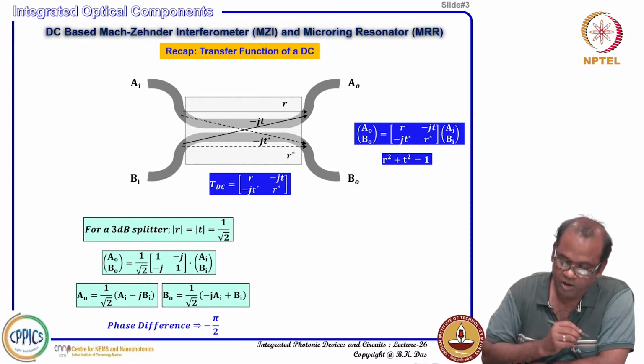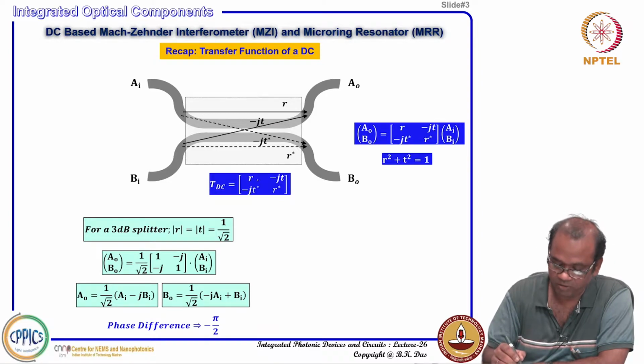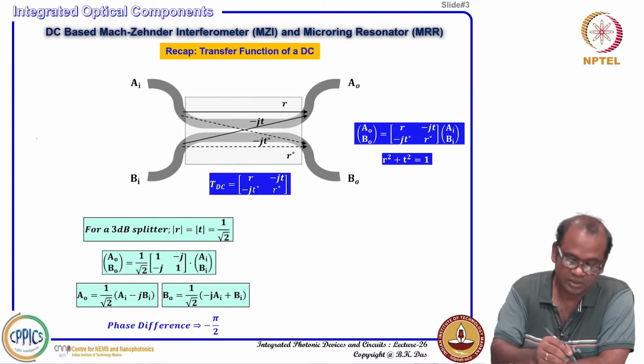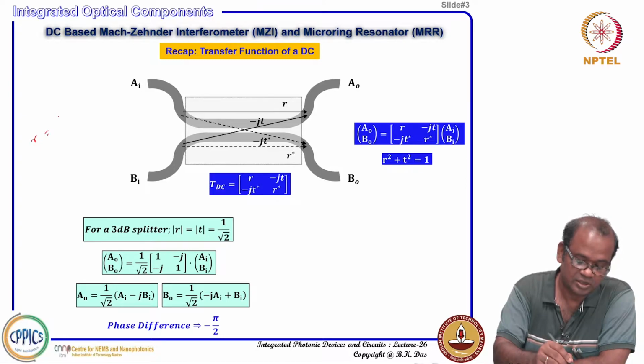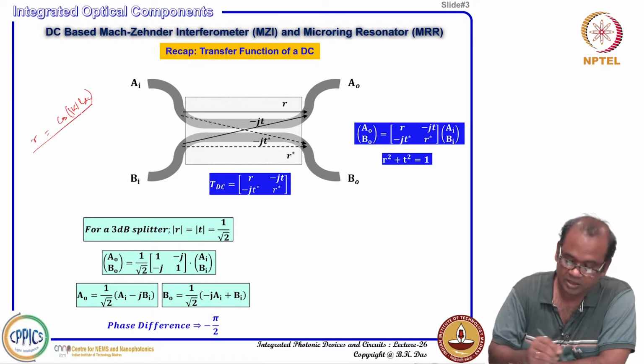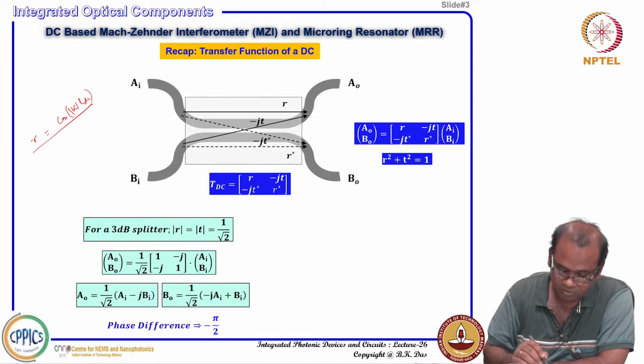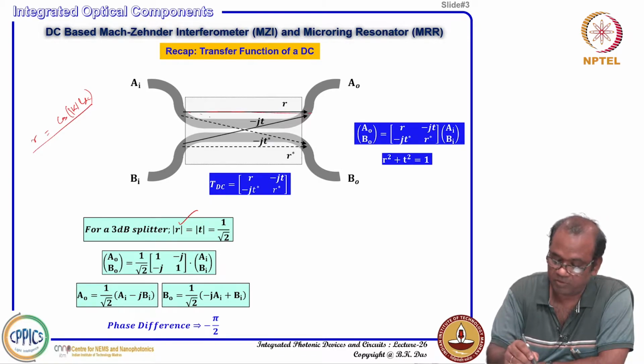Now we know that if we want to use this directional coupler for a known R, T, R is simply cos of kappa L_DC. That is actually R, and T we have defined as sine of kappa L. So to have a 3 dB splitting, the absolute values of R and T, whatever is going directly and whatever is crossing, can be considered 1 over root 2.